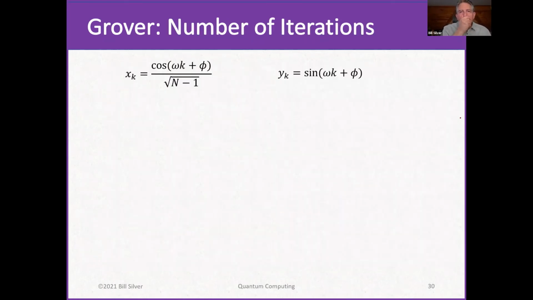So I said, okay, let's pretend that the y component is some sine wave and the x component is some cosine wave, where I've got some frequency omega and some phase shift phi, because that's the general form of a unit amplitude sine wave: it has two parameters, a frequency and a phase. So let me try to solve for the frequency and the phase, and then I'll know my sine wave, and then I'll know how many iterations to do.